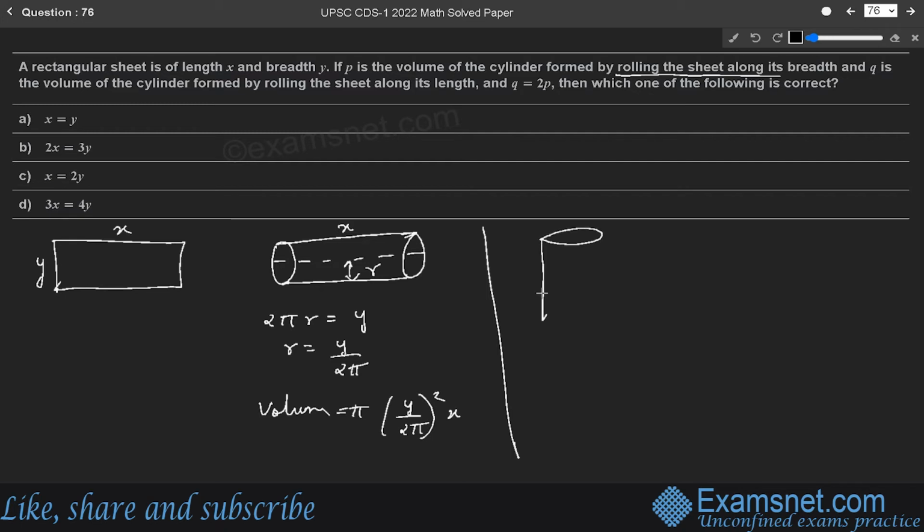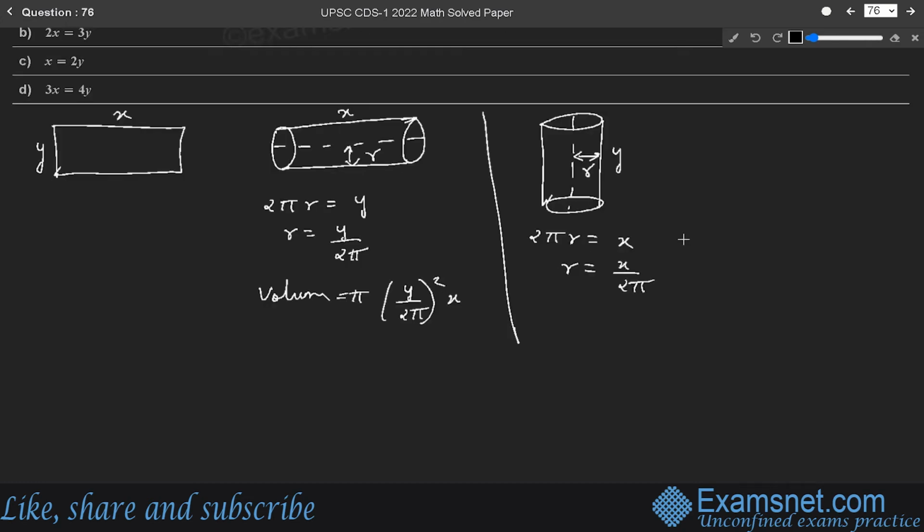Then it will be in this form and the radius will be here, which is r, and this will be the breadth, which is y. In this case, the circumference 2 pi r is equal to x and r will be x upon 2 pi. And the volume for this cylinder will be equal to pi into x upon 2 pi whole square into y.